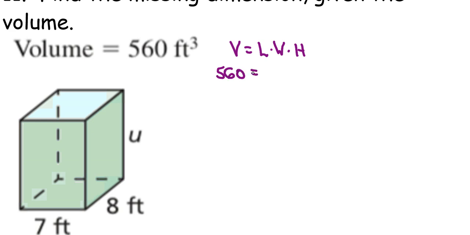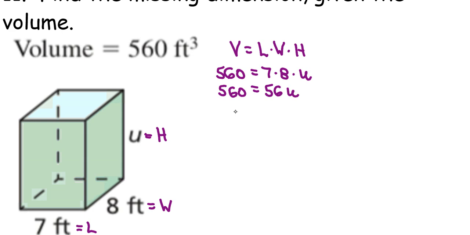I'm going to replace length with 7, width with 8, and the height is going to be the U. So 7 times 8 times U. So 560 is equal to 7 times 8, which is 56 U. If I divide both sides by 56, I get a nice value of 10 for that missing dimension, and a great label for that would be feet. So 10 feet for number 11.